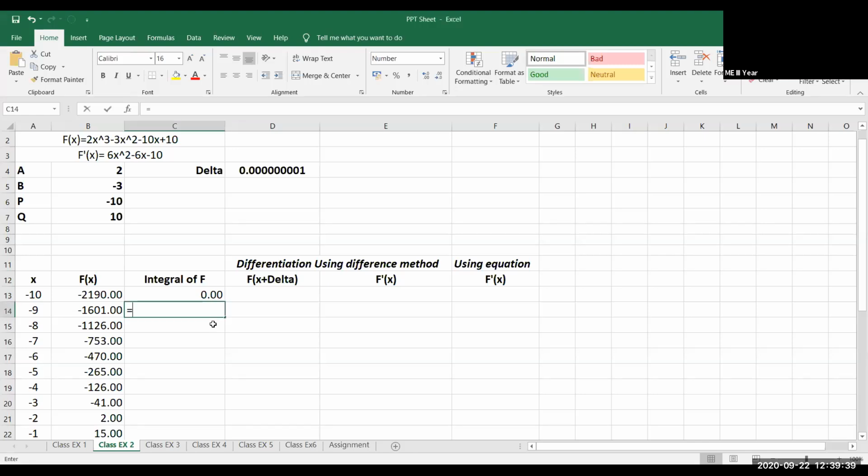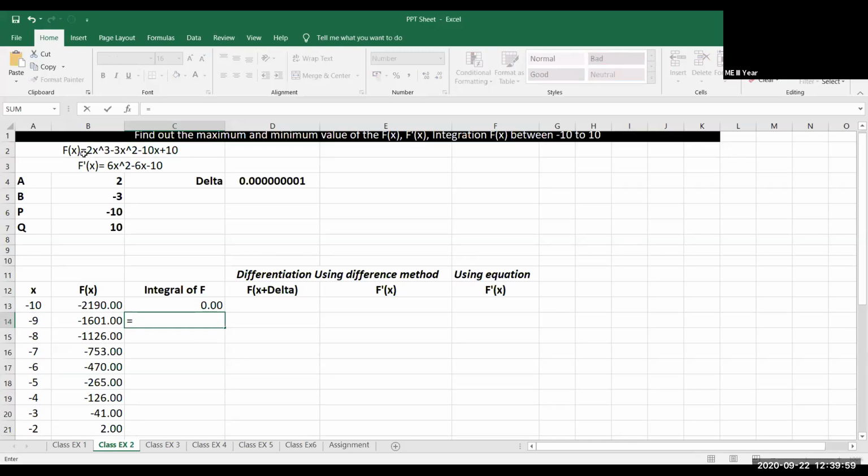So we'll apply a formula here. What formula will we apply for finding the integral? Anyone tell me? What formula will we apply here for finding the integral of the given function?